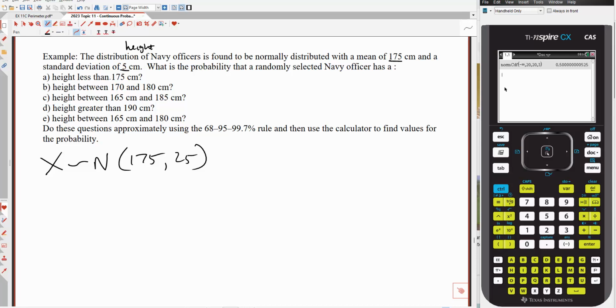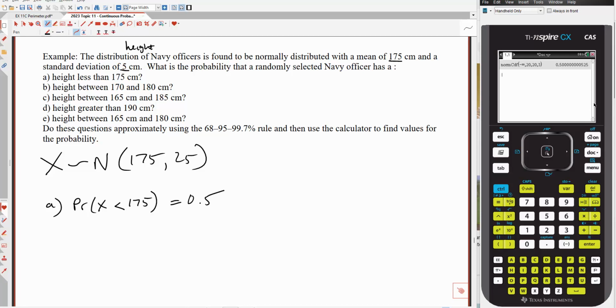What we want is a height less than 175 centimeters, so that's the probability that the random variable is less than 175. Just like the last question, if the mean is 175, then the probability that it's less than the mean is also going to be 0.5.